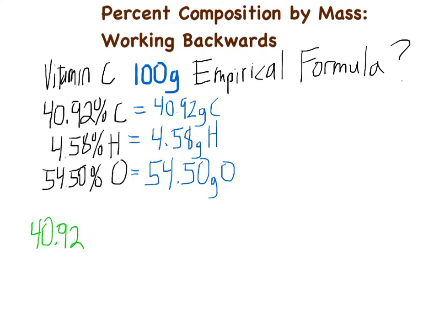40.92, man, I'm bad at writing nines, grams. We're going to use some dimensional analysis. Go watch the video if you're having trouble with this. Grams on the bottom to cancel out, moles on the top, and for 1 mole of carbon, there are 12.01 grams. Let me check.